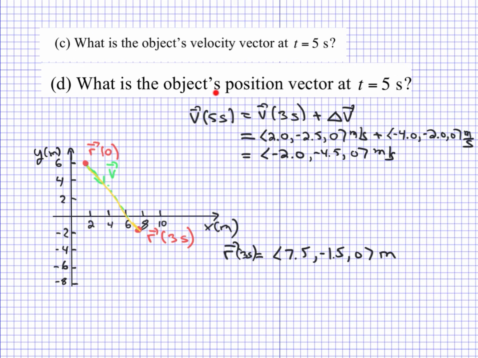Now, the next part of the question is, where is the object at t equals 5 seconds? What is its position vector? So how are we going to calculate that? Well, the general rule for calculating position when you have constant acceleration is that the final position is equal to the initial position. And now there are going to be two more terms here.